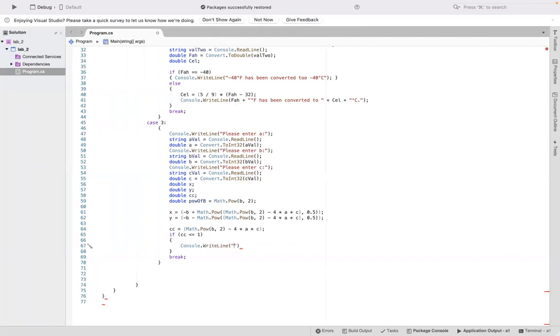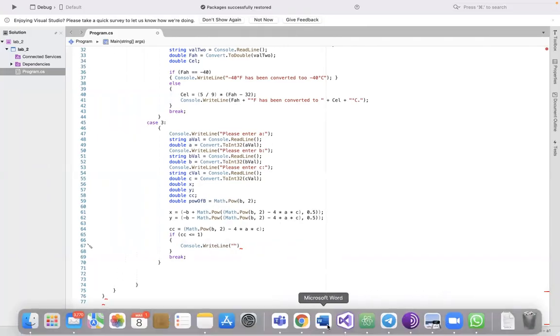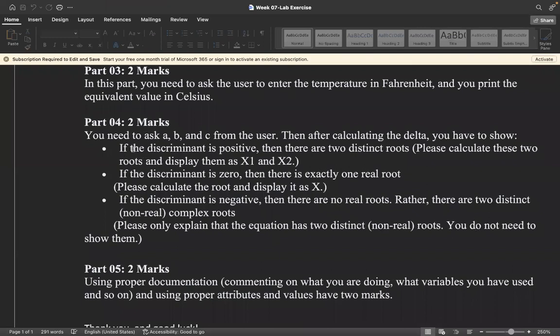Can we go back to the question? If the discriminant is positive, then there are two distinct roots. Okay, so we have to display that there are no real roots. No real roots, and there are two distinct non-real roots.